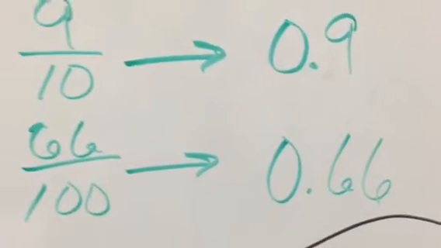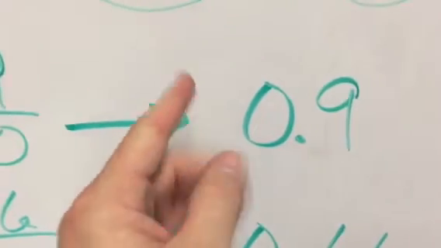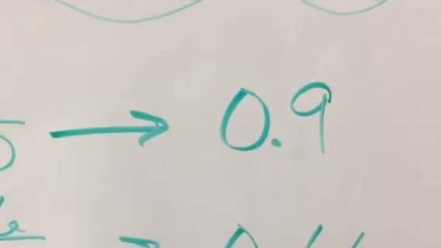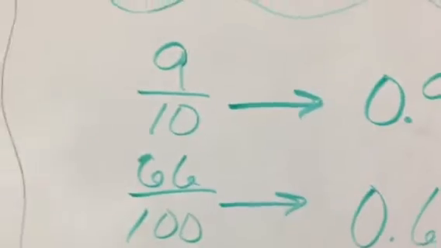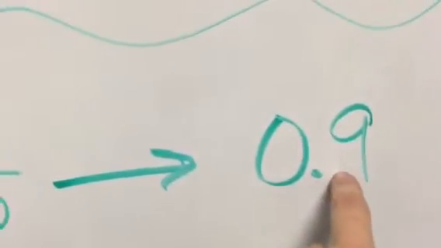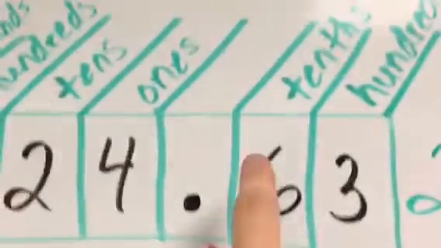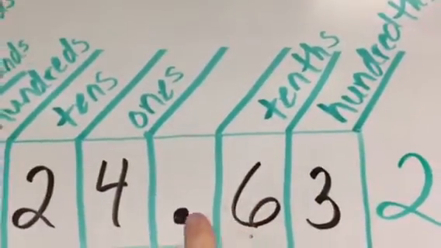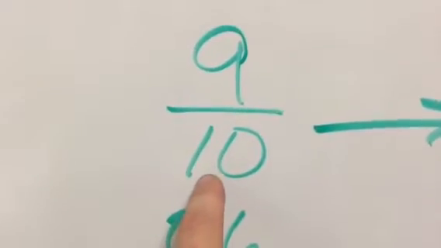The same thing would be going backwards. If we have just this, and we want to write it as a fraction, it's going to be 9 tenths. We have 9, and then it's in the tenths position. The first one after the decimal is called the tenths position. So our denominator would be 10, so 9 tenths.